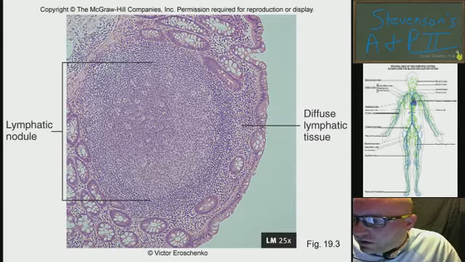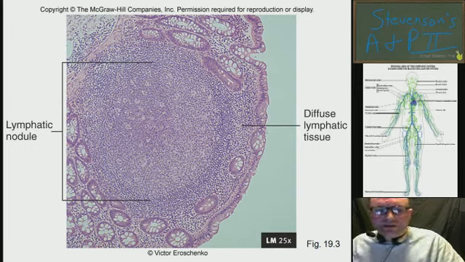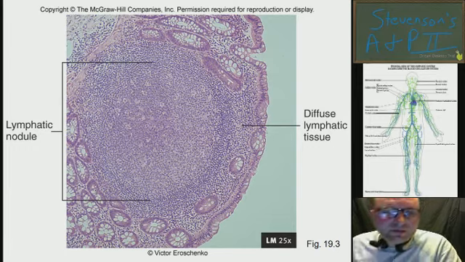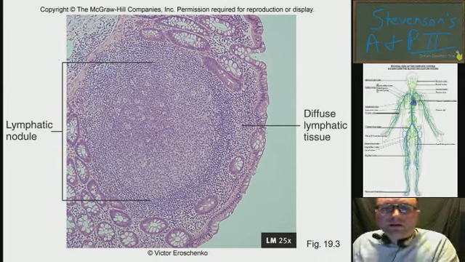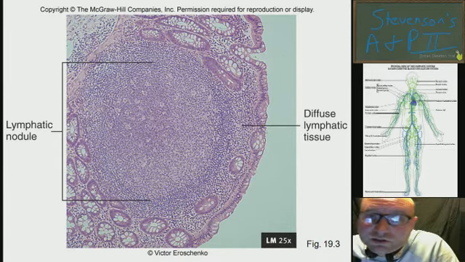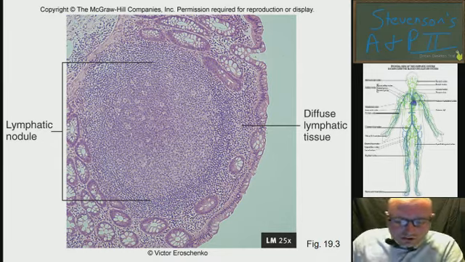Here we can look at the lymphatic nodule, and we can see the diffuse lymphatic tissue within. This is under a light microscope at a magnification of 25x.